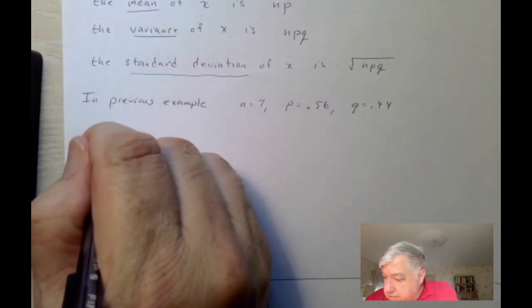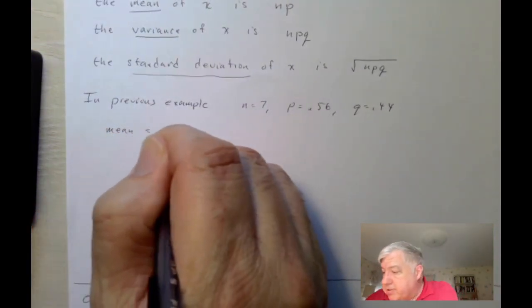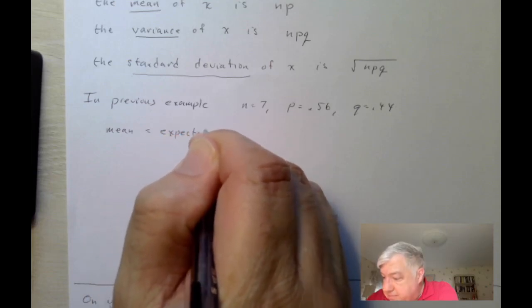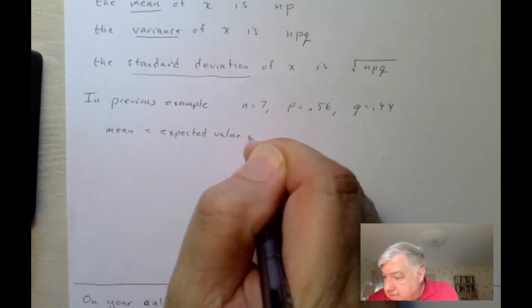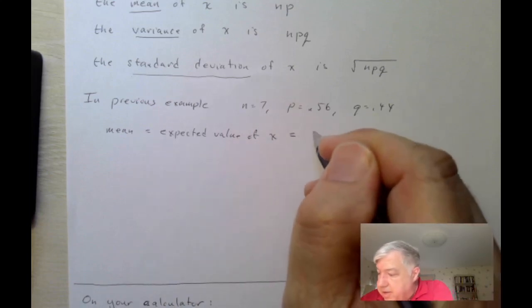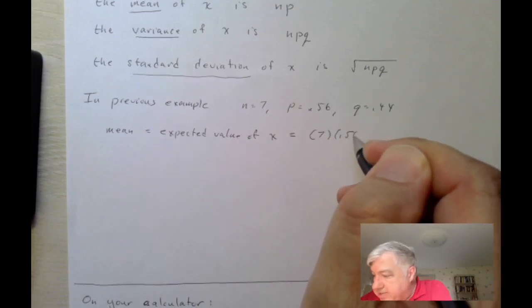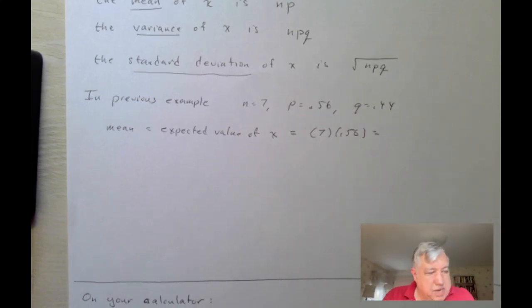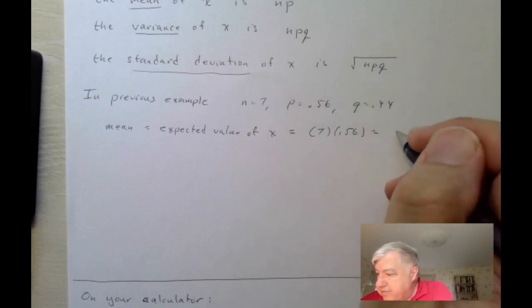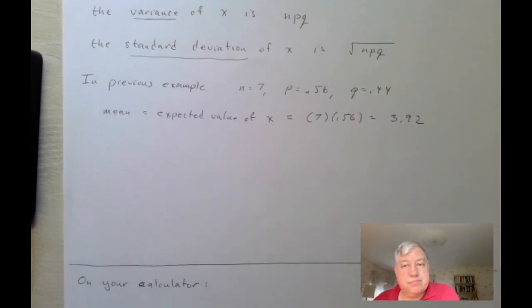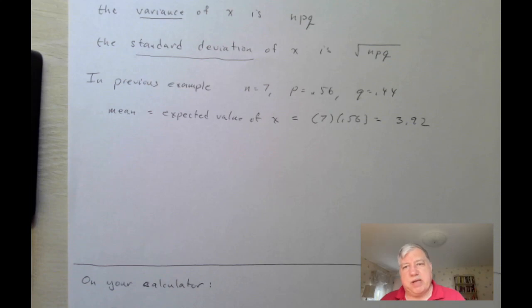So the mean, which is also the expected value of x, is 7 times 0.56, which is basically 56% of 7, which makes sense, right? And this turns out to be 3.92. Okay, so theoretically, we would expect 3.92 people to get the flu shot, even though it wouldn't make any sense to have exactly 3.92 people in your sample getting a flu shot.